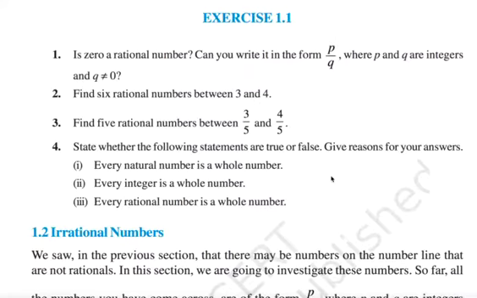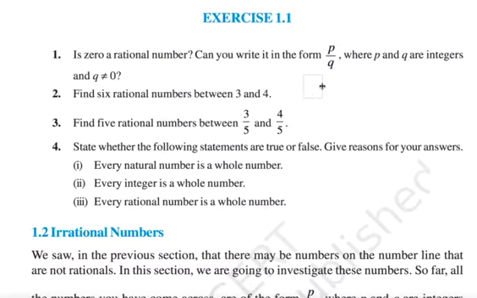Is it giving me more than 5? Let's check once again. 4 by 5 minus 3 by 5 is 1 by 5. Take 1 by 5 common. Let's say these are 3 and 4. So 6 multiplied with 3 is 18 by 6, and 24 by 6.